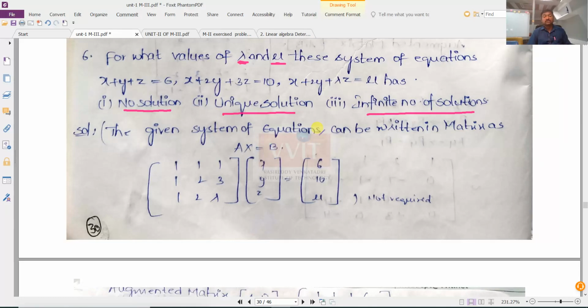Based on that I may decide whether it has no solution, a unique solution, or infinitely many solutions. But here some unknowns were given. What happens to these values in these 3 cases was asked, but the situation will be the same. You need to identify the coefficient matrix and augmented matrix.